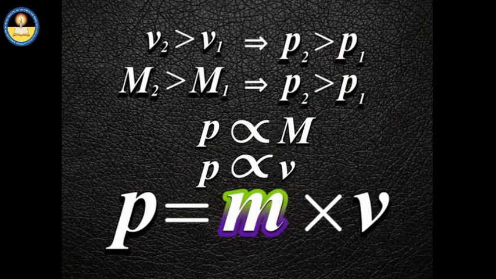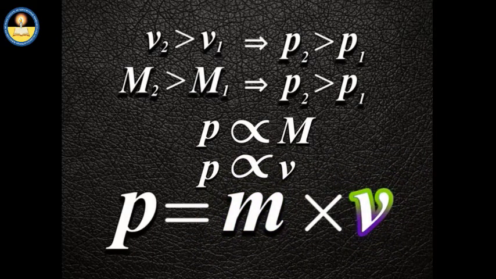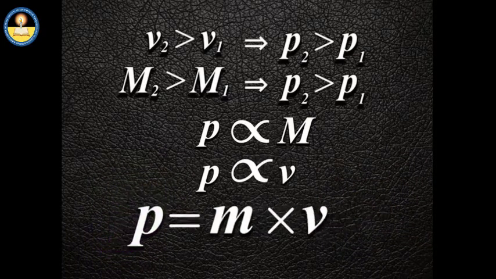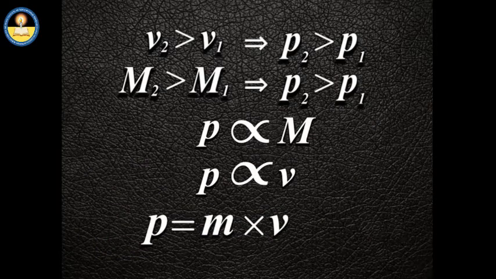Since mass is a scalar quantity and velocity is a vector quantity, momentum is a vector quantity. Its quantity is equal to the product of mass and velocity, and its direction is the same as the direction of velocity.